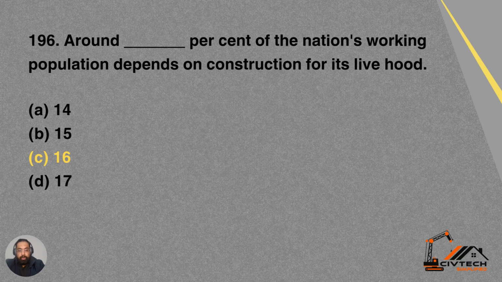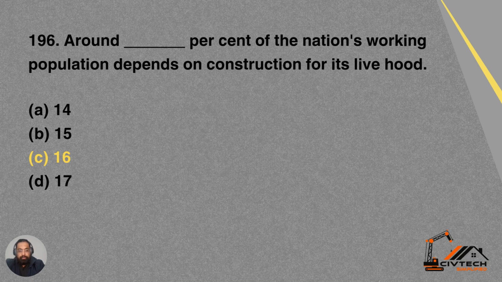196. Around dash percent of the nation's working population depends on construction for its livelihood. How many percent of the nation's working population depends on construction for its livelihood? Option A, 14%, option B, 15%, option C, 16%, and option D, 17%.